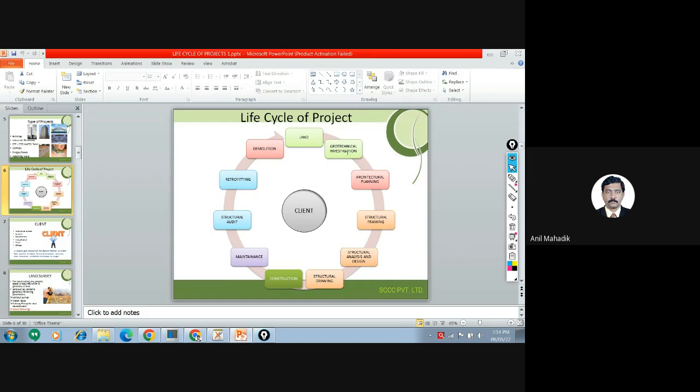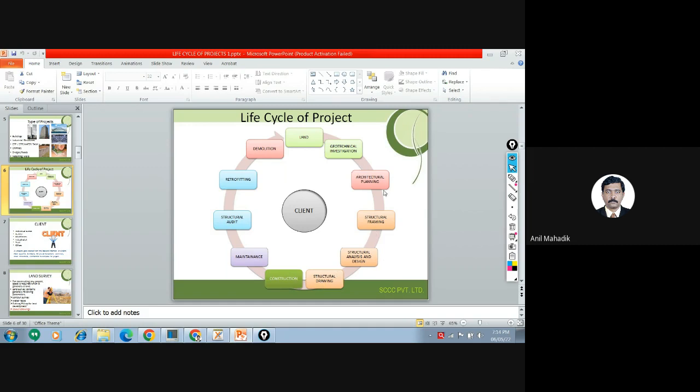Yes, we need to do some site work, but it is before the actual construction of the project. Then architectural plans and drawings, structural drawings, structural calculation reports. Then there may be mechanical, electrical and plumbing drawings also available. So this is our total planning part, which is generally done in the offices.